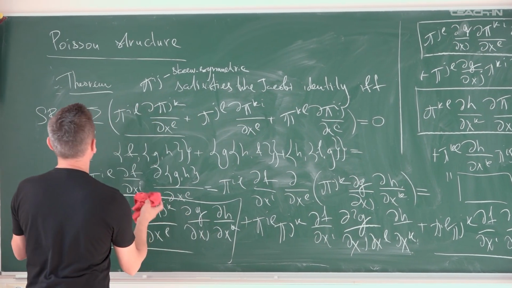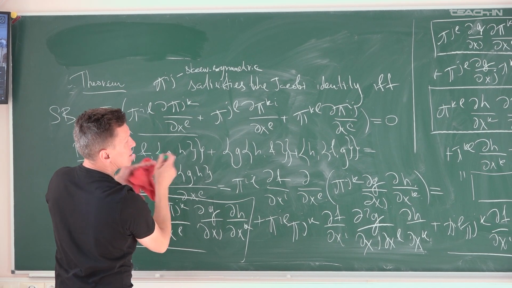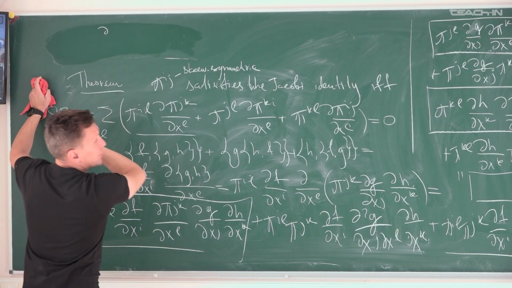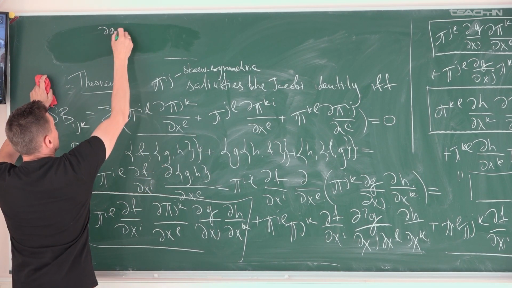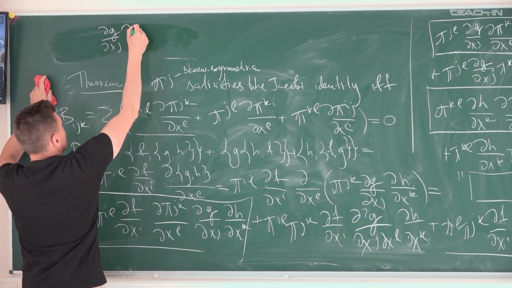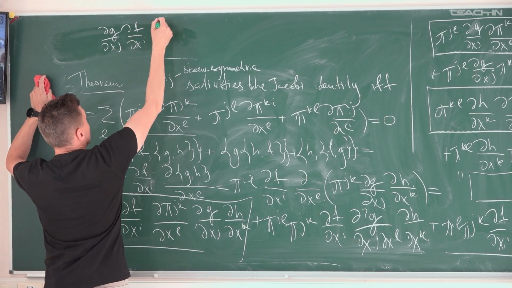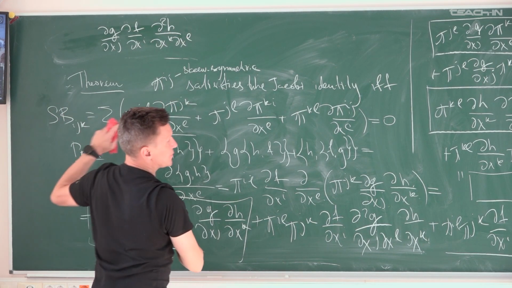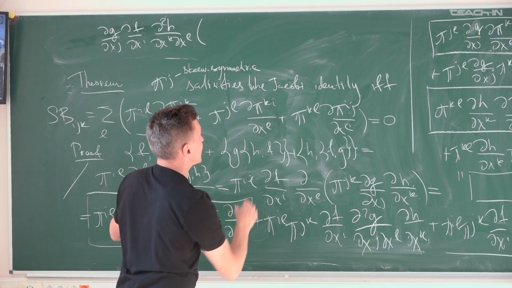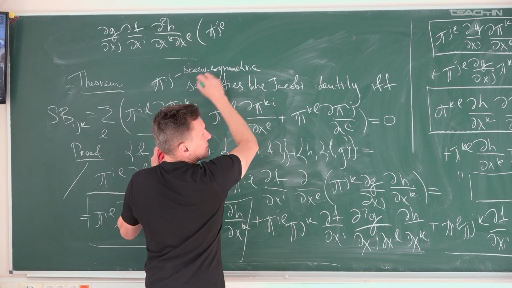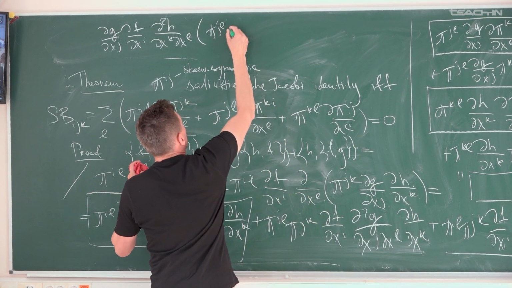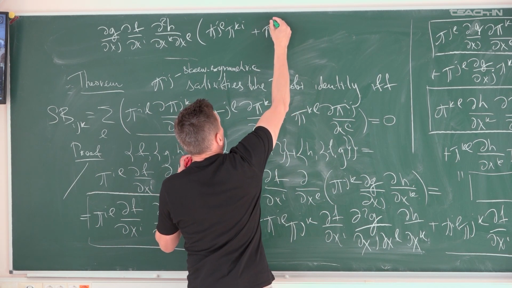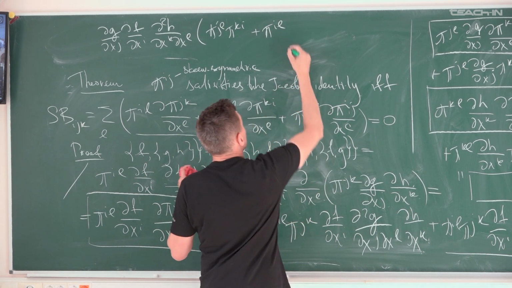Okay, you see, the functional coefficient is ∂g/∂x^j ∂f/∂x^i and ∂²h/∂x^k∂x^l, and the coefficient is π^{jl} π^{ki} plus π^{il} π^{jk}.